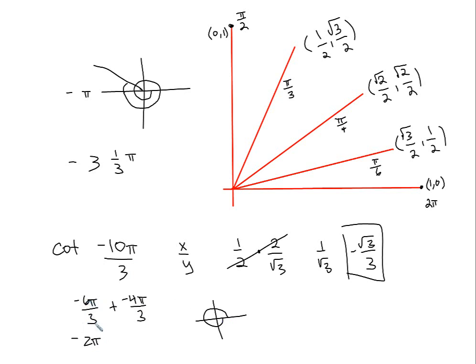That's negative 6 pi over 3, or equivalent to negative 2 pi. And then we need to go an additional negative 4 pi over 3. Well, right here would be negative pi over 3, negative 2 pi over 3, and negative 4 pi over 3 puts us in the second quadrant. Okay, so you have two different ways of doing it. Whichever way you feel is easier for you is fine.